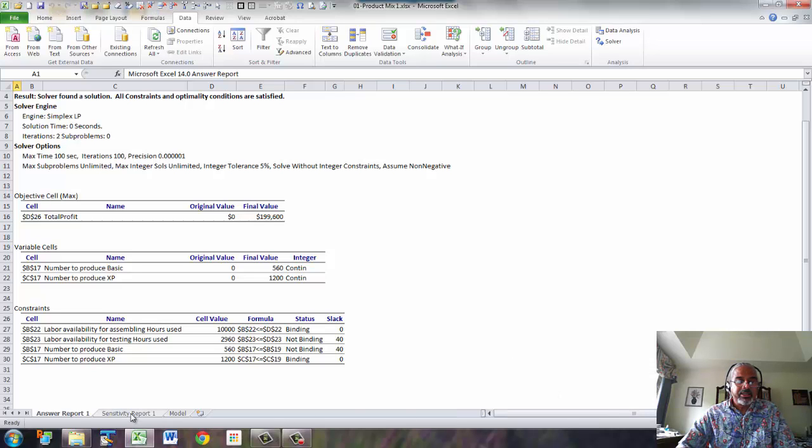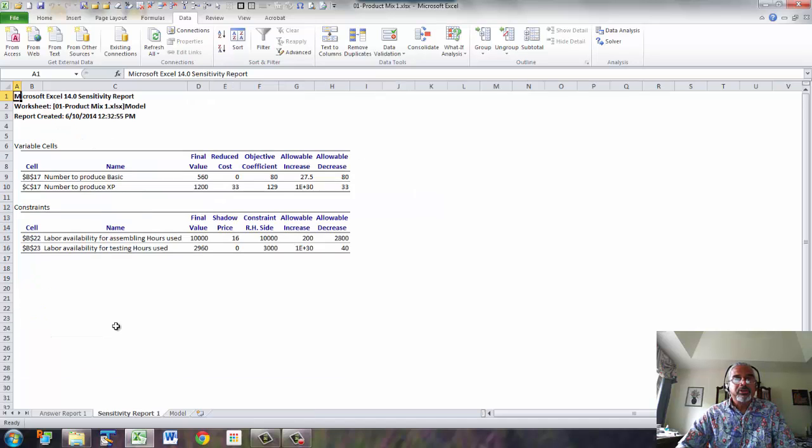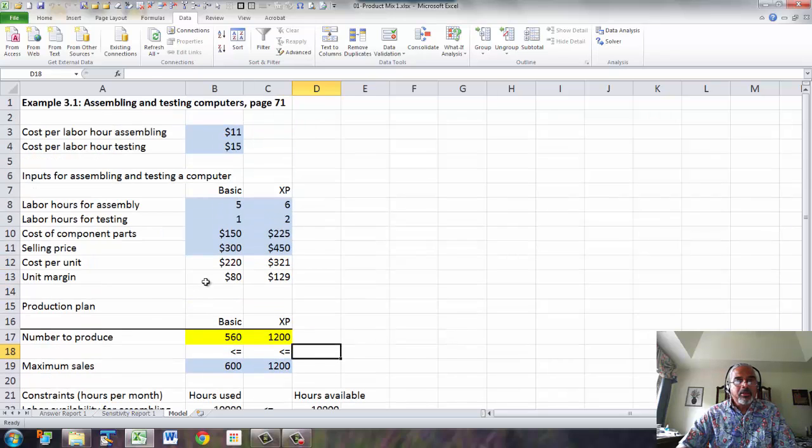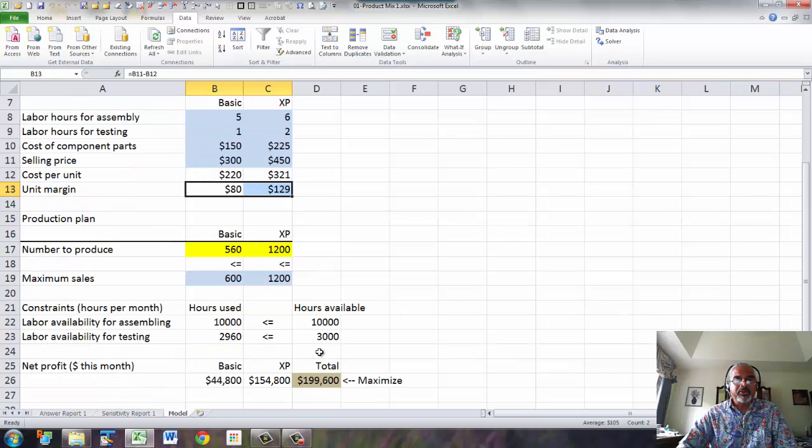Now let's look at sensitivity report. The sensitivity report has two parts. There is sensitivity for the objective function and then the sensitivity for constraints. Now what we mean by sensitivity is, let's go back to the model, and now you see the unit margin of $80 and $129, which was used here to find the total profit.